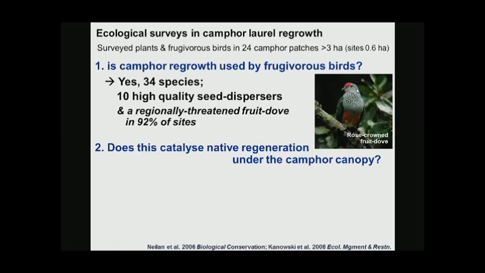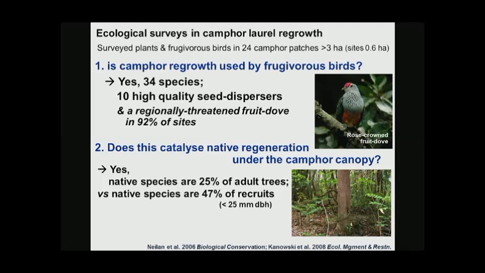Secondly, if these birds are in the camphor laurel patches and they're capable of moving seeds around, are we getting native species regenerating on the ground? And the answer to that, when you look at the data, is yes. If you look at adult trees, native species are not very well represented, but if you look at the recruiting small trees coming in, they are very well represented.